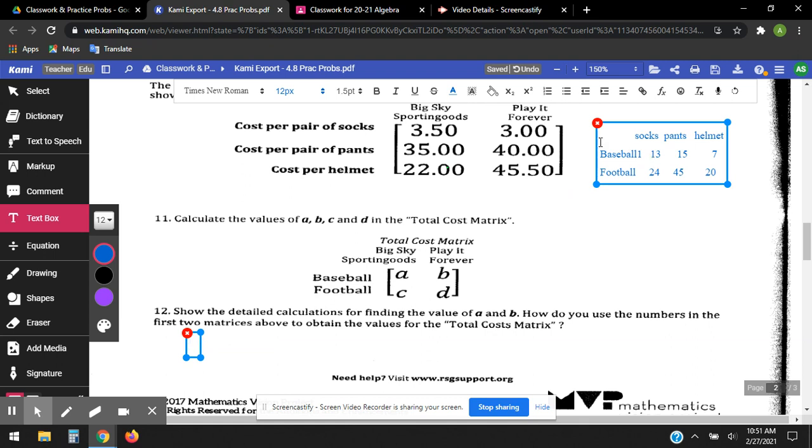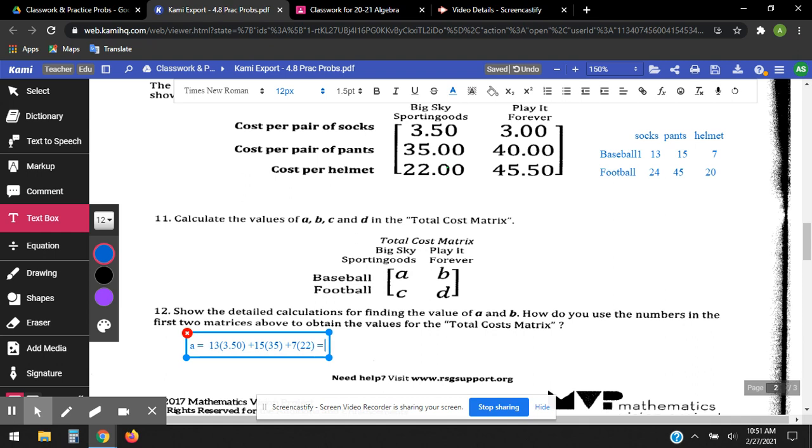So we take 13 times 350. So for A, 13 times 350 plus 15 times 35 plus 7 times 22, right? 7 times 22.